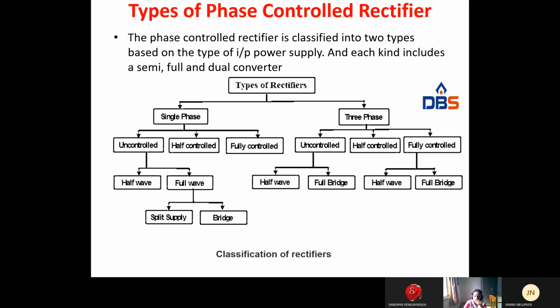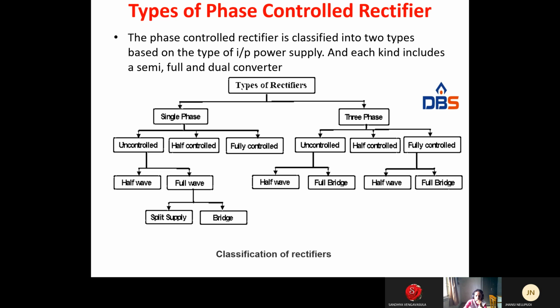So in single phase we have uncontrolled rectifier, half controlled rectifier, and fully controlled rectifier. This uncontrolled rectifier is further classified into half wave and full wave. And this full wave is classified as split supply and bridge supply. Split supply is also called midpoint supply.